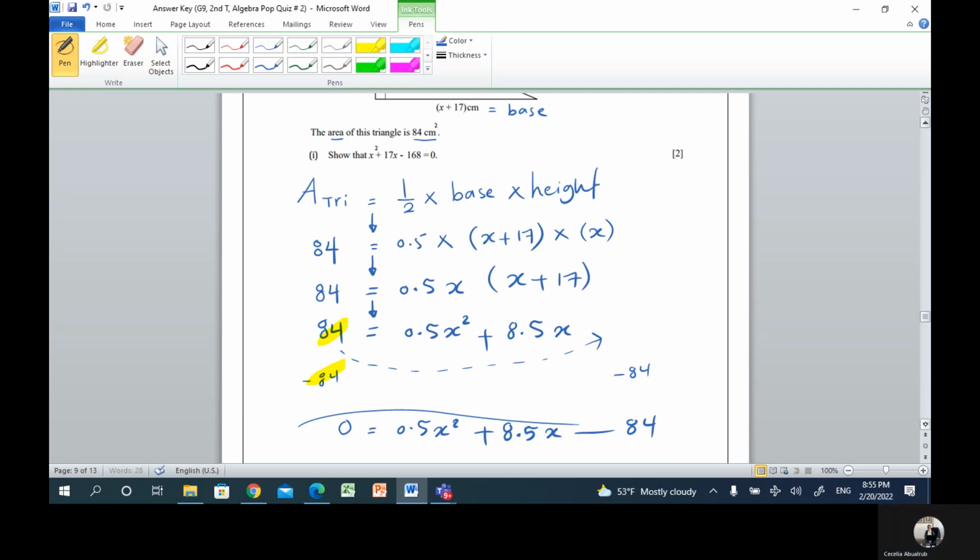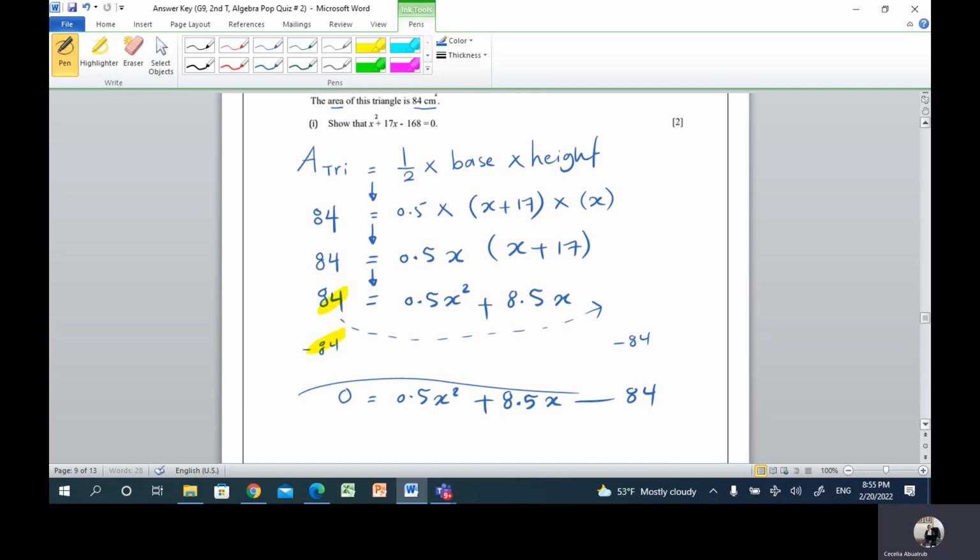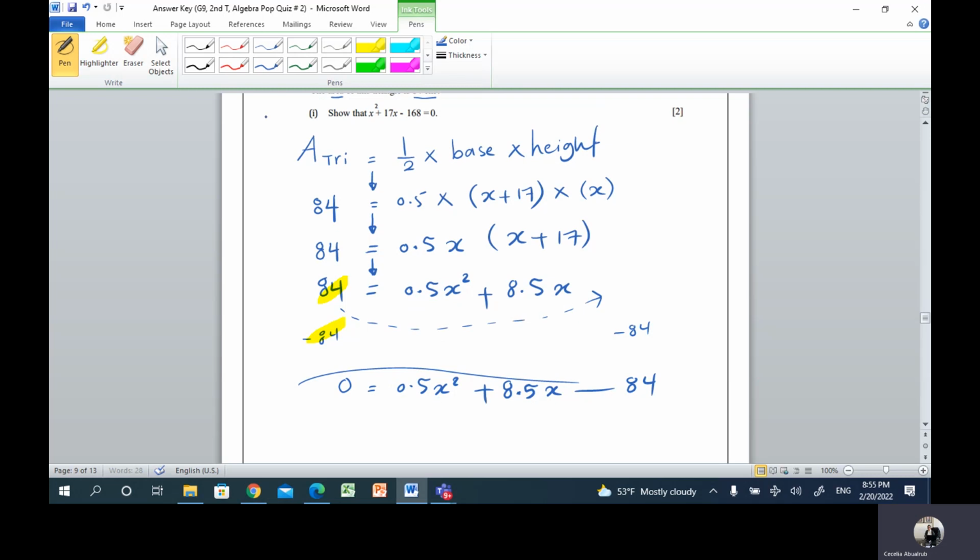Okay. So we need to make the coefficient of x squared as 1. So we're going to divide each side of the equation, or each term, by 0.5.